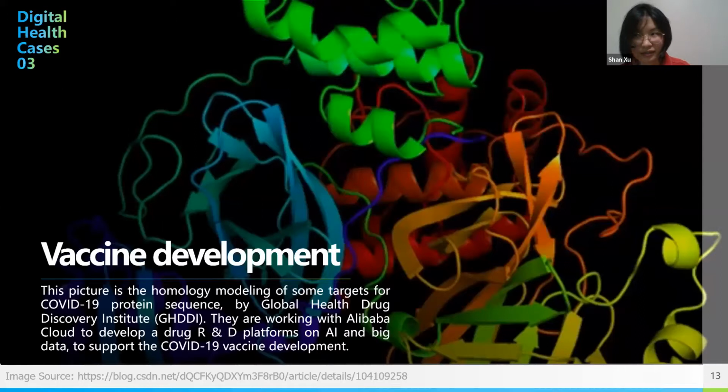That is, it's a saying that you should have an average time of 10 years and also an average cost of 2 billion US dollars to develop a new drug on the market. So these two numbers are used in the industry to emphasize how difficult it is to develop a new drug.